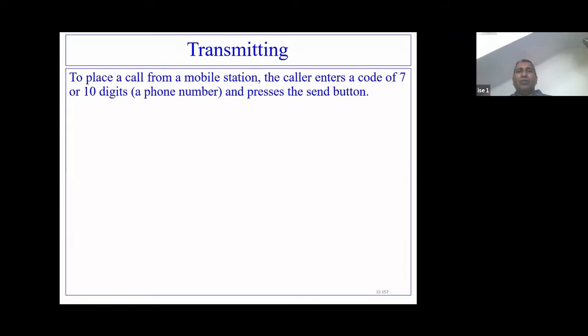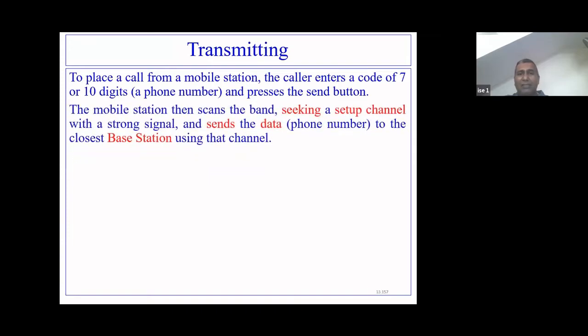So a caller will type or enter the seven digit number or 10 digit number, and then press the send button. Now let us see what happens to make this call connect to the receiver.